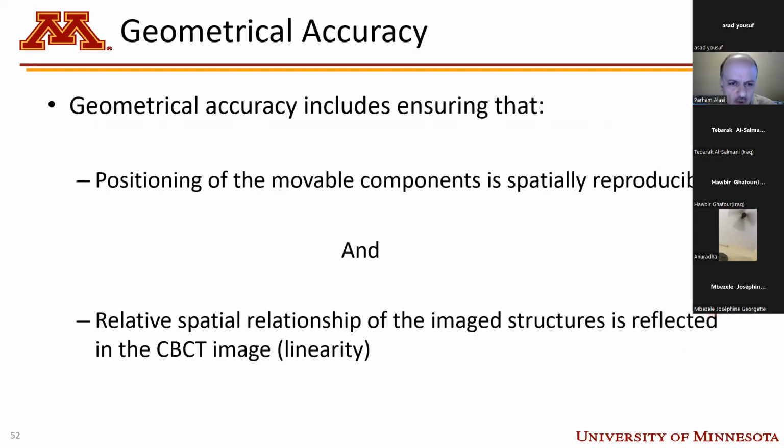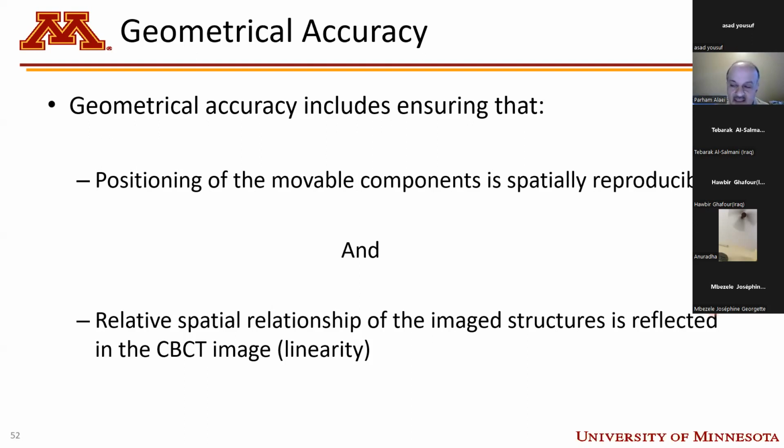So I'll go through these main ones, starting with geometric accuracy. The geometric accuracy is to ensure that the positioning of the movable components is spatially reproducible. You rotate the gantry, you bring the imaging arm, you extend or retract it, or the imaging panel, and essentially they go to the same place every time. Also, you want to make sure the relative spatial relationship of the image structure is reflected in the image.